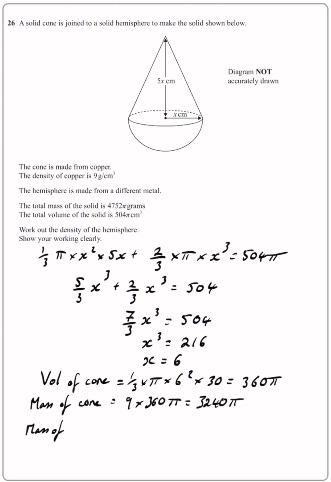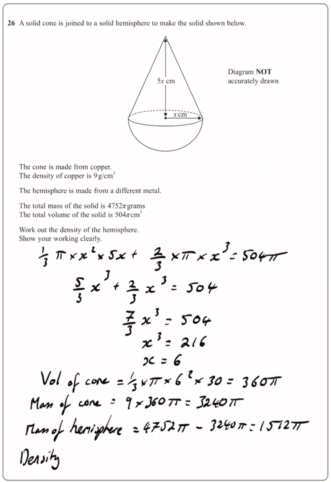If we subtract the mass of the cone from the total mass of the solid, so 5,472 pi, subtract 3,240 pi, it gives us the mass of the hemisphere, which is 1,512 pi.